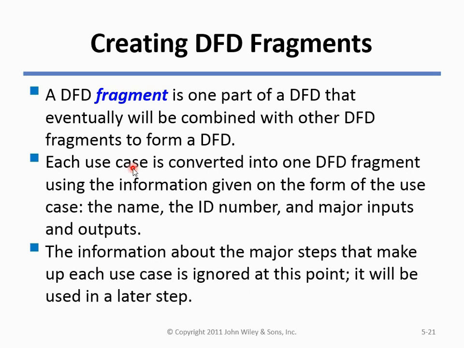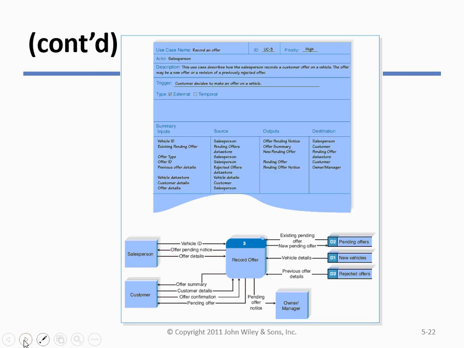And so with a DFD, think of a process with just the inputs and outputs that are going nowhere. That's what a DFD fragment is. Then you hook them up to the relevant consumer or provider. You have a use case talking about the summary of inputs and the outputs produced, and you start drawing that as a fragment. If it goes to a file, so be it. If it goes to someone else, then yeah.